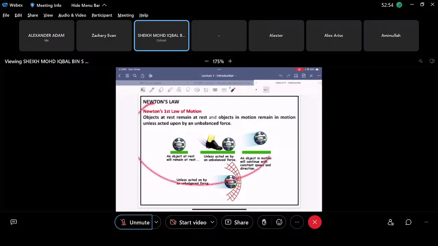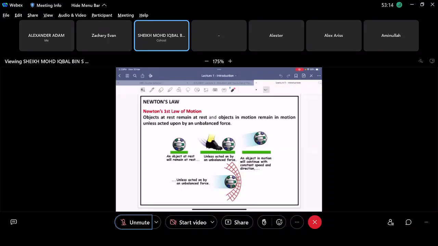Basically, Newton's first law of motion is that objects at rest remain at rest and objects in motion remain in motion unless acted upon by an unbalanced force. What does it mean? It means that this ball here, if there's no force acting on it, will remain static. It's not going to move.